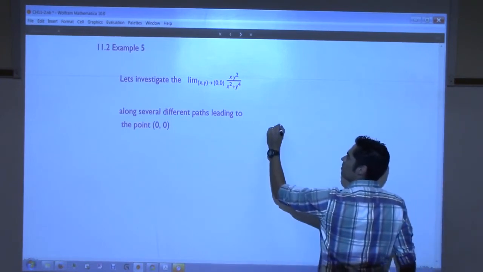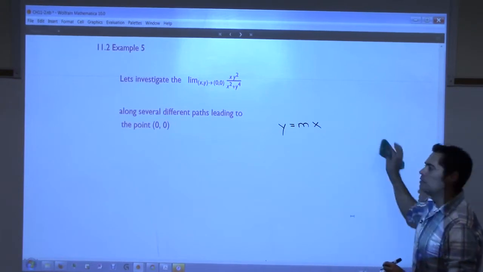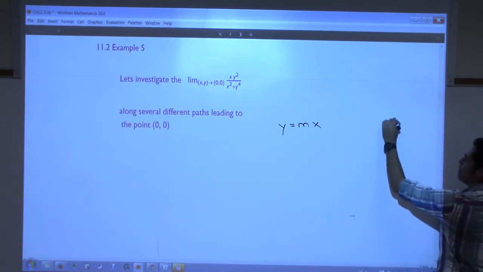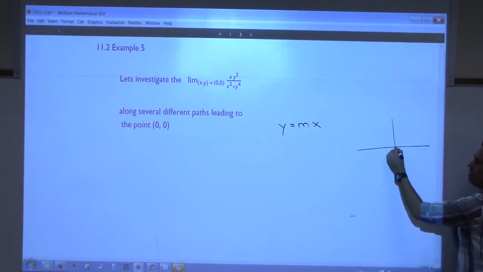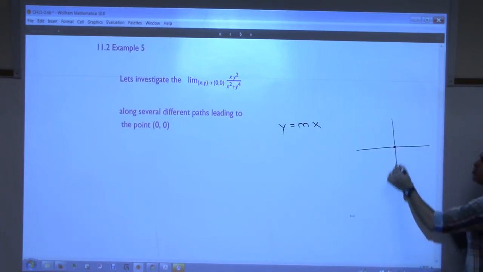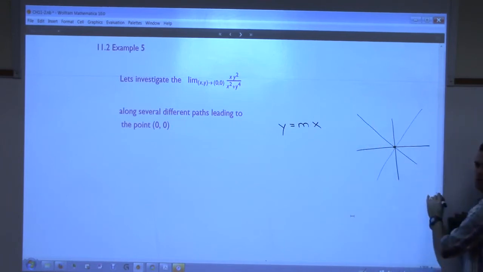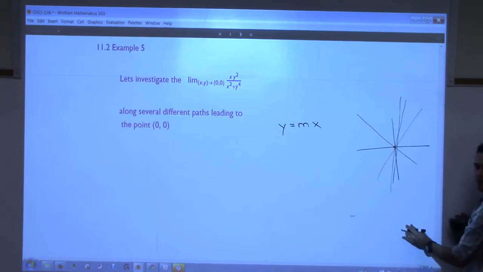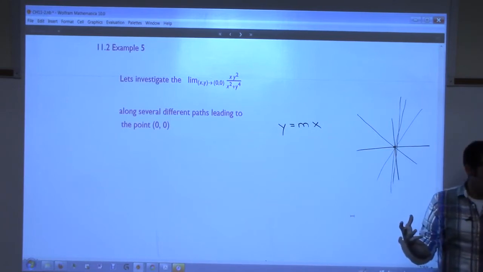What I could do is come in on the path y equals mx. So think about this. Y equals mx is going to be a line that goes through the origin, right? If m is 1, then it's this one, isn't it? If m is negative 1, it's this one. If m is 2, it's this one. If m is 3, it's this one, right?